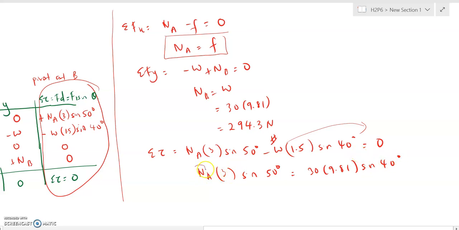So I am left with NA only, and I get NA equals 123.4 Newton. This is my answer for number B.